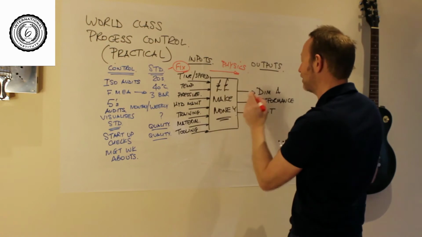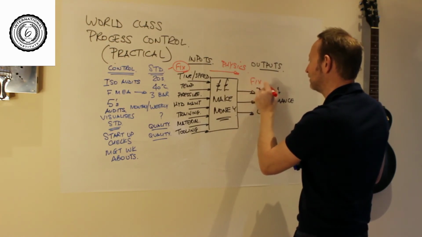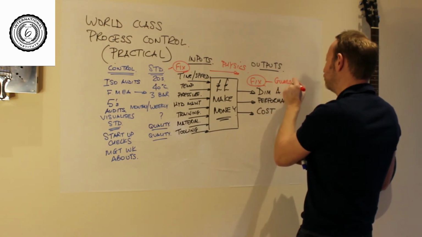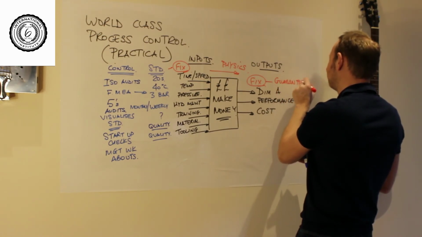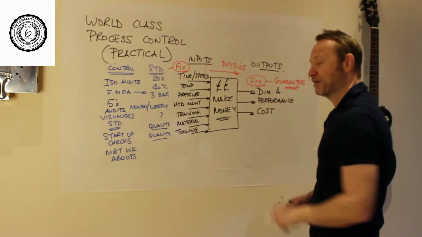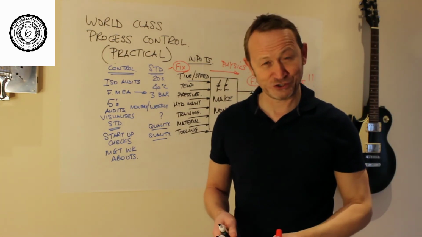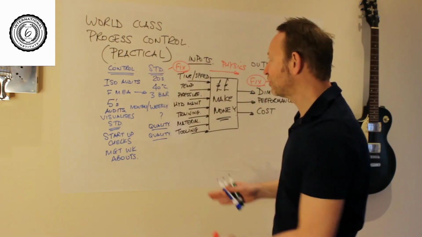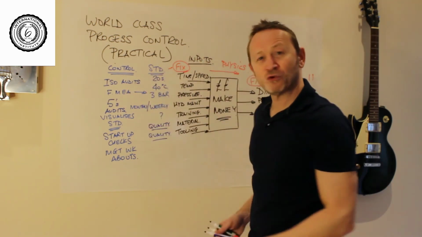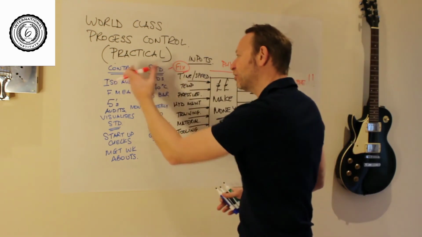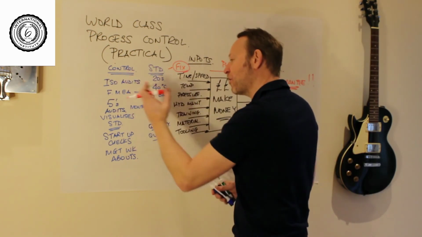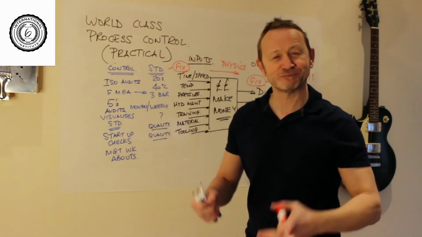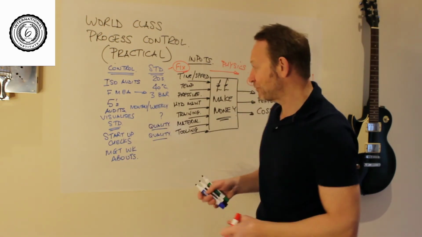And if you fix the inputs, you fix, and another word for fix is you guarantee the output. That is process control. Fixed input that guarantees the outputs using all the policing techniques, ISO audits, FMEA, 5S audits, startup checks, management walkabouts, whatever they happen to be.